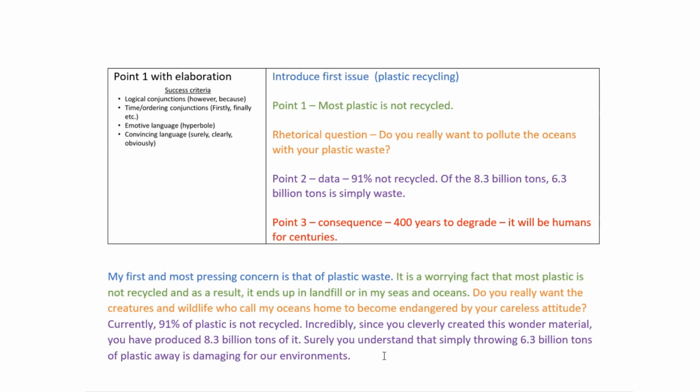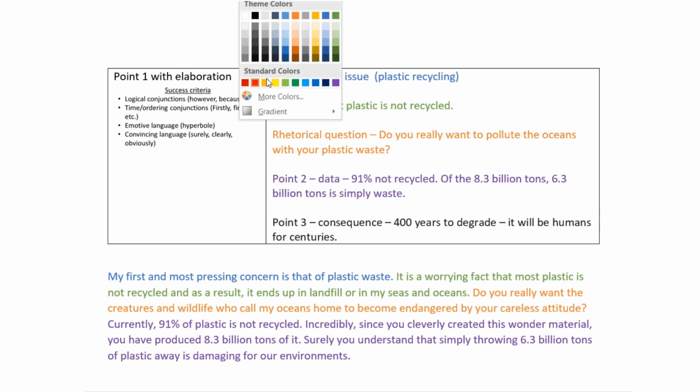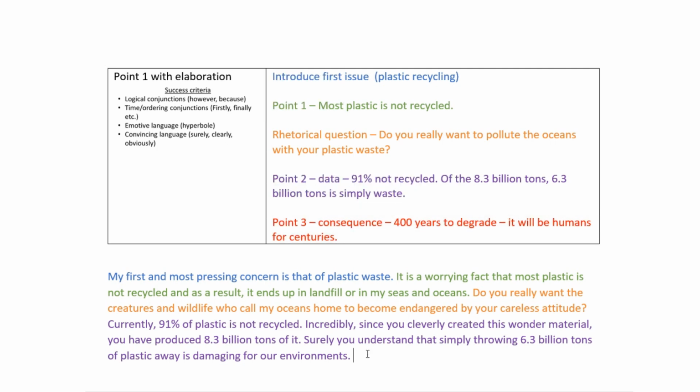The last bit I need to do is my consequence. Again, I change my font colour to red. Are we in red? No, it's in purple. In red, please. Right, I want to explain this 400 years. Again, I'm going to appeal to their intelligence. We don't want to make our reader feel stupid. I want to butter them up, make them feel clever, but doing something wrong at the same time.